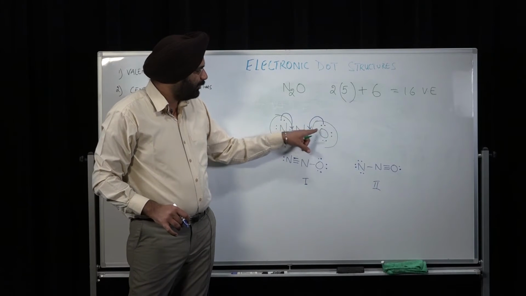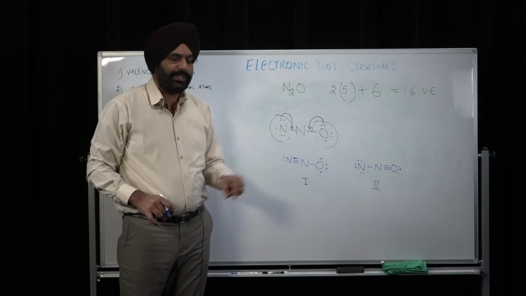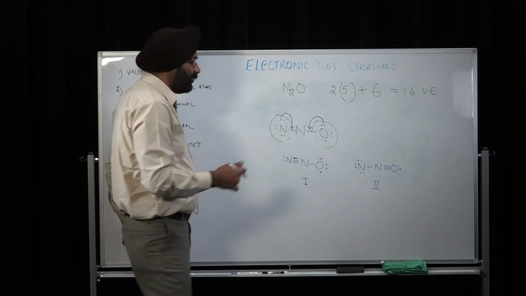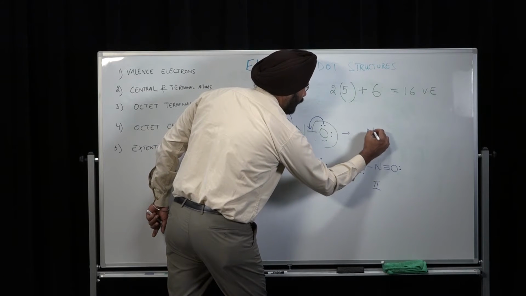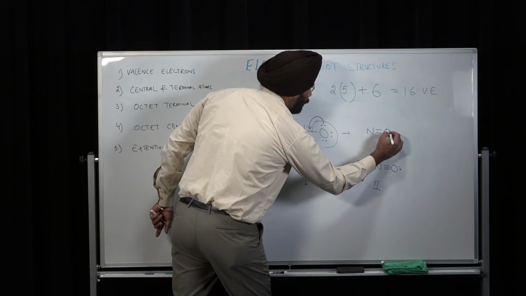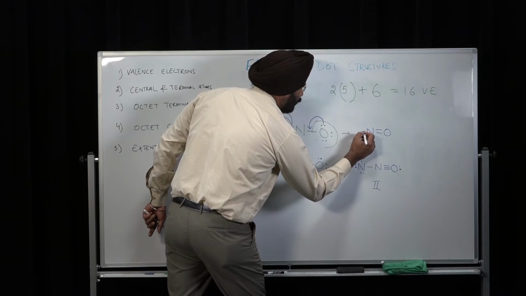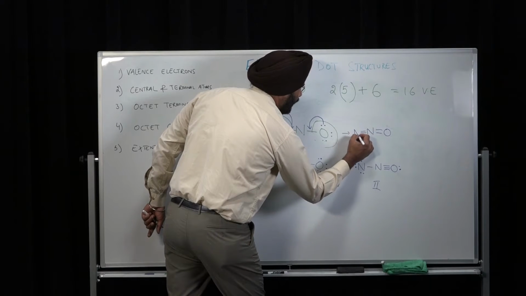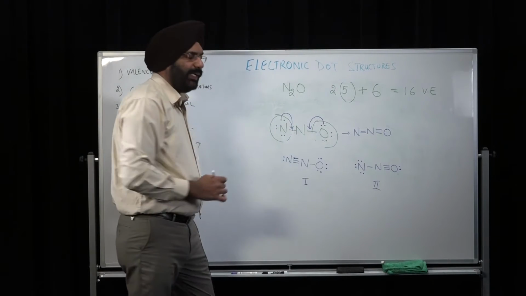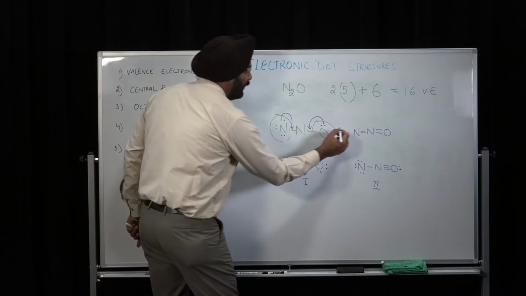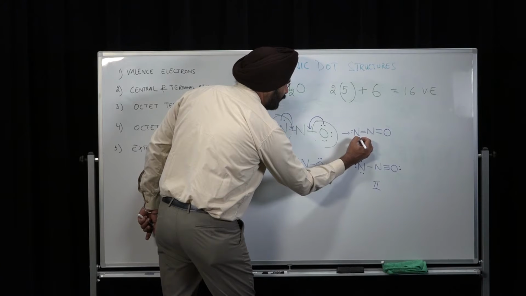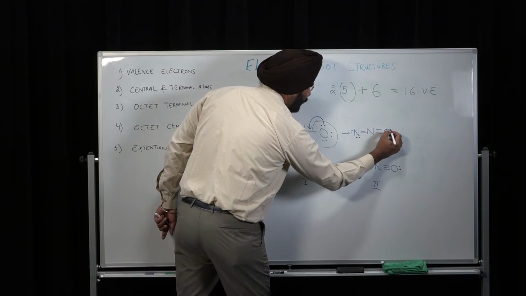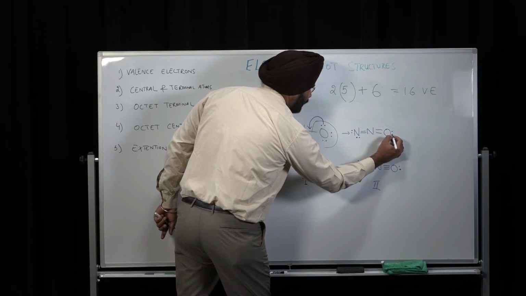This lone pair on the oxygen comes in between nitrogen and oxygen. In that case, what structure are we going to get? We are going to get a structure where we have a double bond between nitrogen and oxygen and a double bond between nitrogen and nitrogen. And the electron dot structure will look something like this.